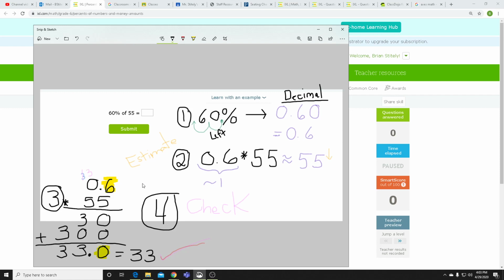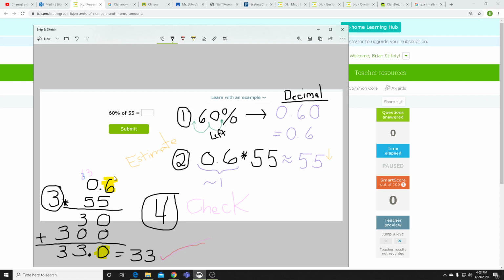And then with step 3, we went ahead and multiplied 0.6 times 55. You just multiply like normal, you ignore the decimal. Make sure when you multiply by the tens place, you add the 0 here. And then finally, our last step, we had to count the decimal places. We multiplied 0.6 times 55.